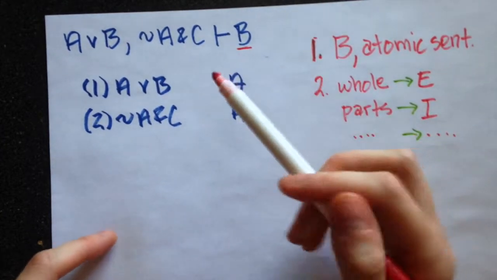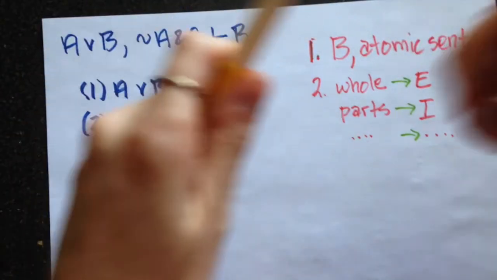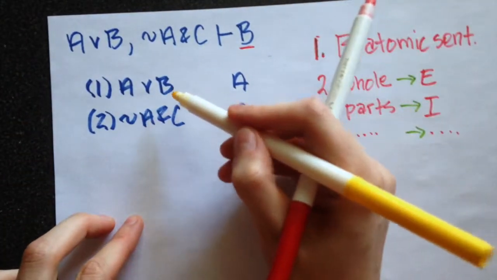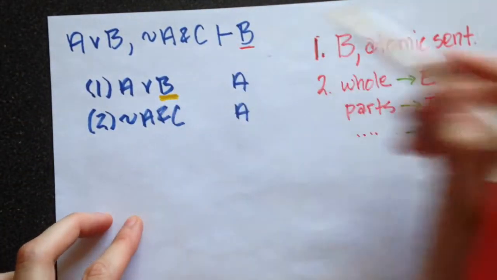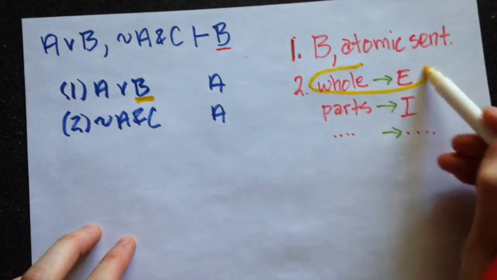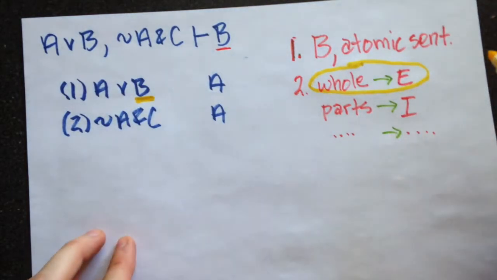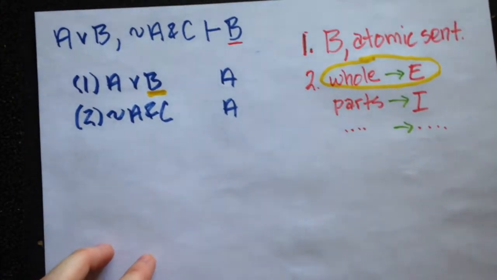And we do, in fact. We see it here in the first premise. So yes, our conclusion is embedded as a whole, and that tells us we're going to be using some kind of elimination strategy.